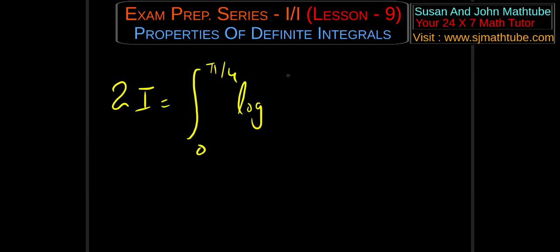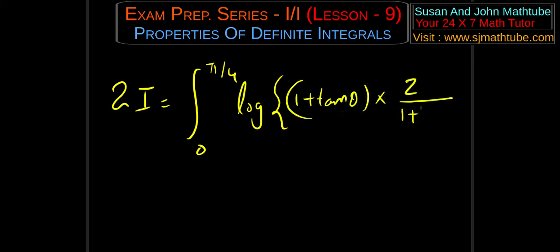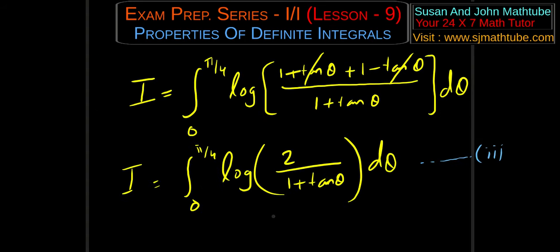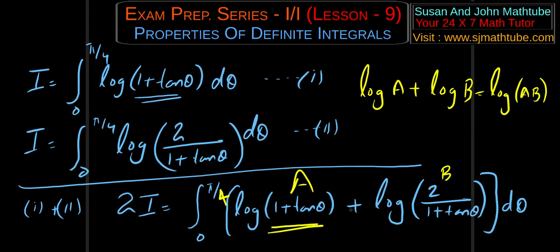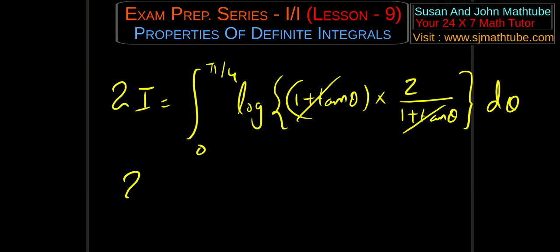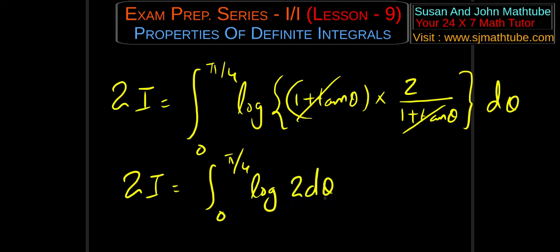And here we get log of (1 + tan theta) times 2/(1 + tan theta). Why do we get this? Because log a plus log b is log a into b. I think you're okay with this part. That is 2I is equal to integral 0 to pi/4 log 2 d theta.